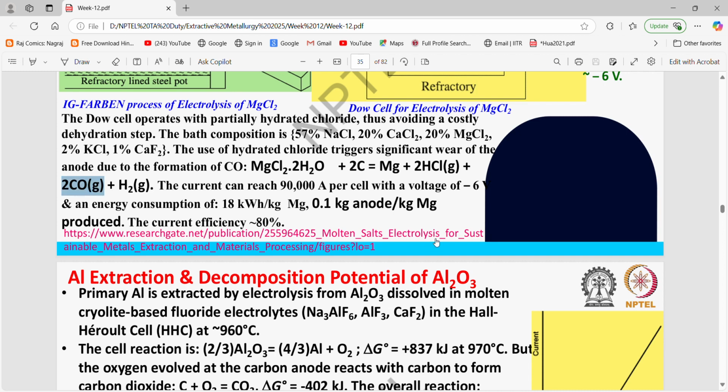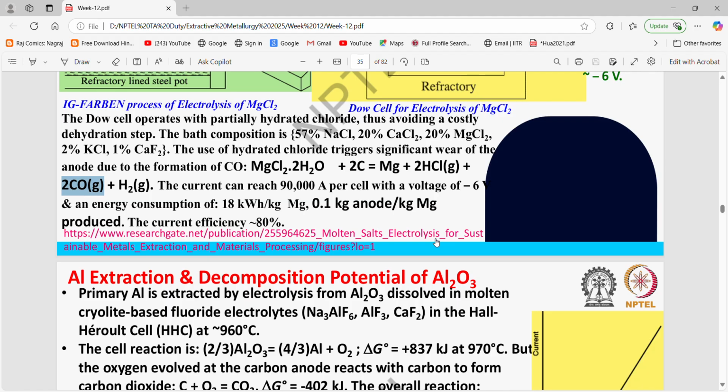Apart from that, carbon oxide is also formed, which results in the loss of the graphite electrode, which needs to be changed with time. The current can reach around 90,000 ampere per cell with a voltage of minus 6 volt and an energy consumption of around 18 kilowatt hour per kg Mg.